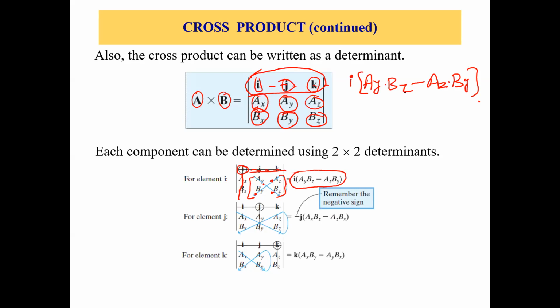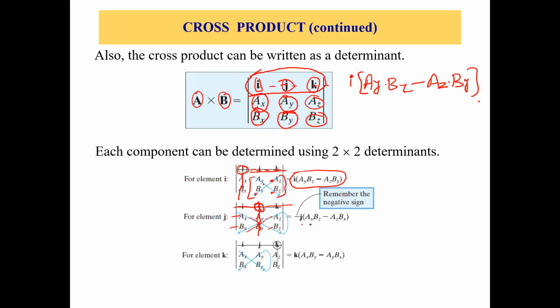Now for j, the next component. We are taking this j, so this row and column are gone, and we are left with this and this. This is not a negative sign, it's just an indication. Again, take the cross multiplication: Ax times Bz minus Az times Bx.